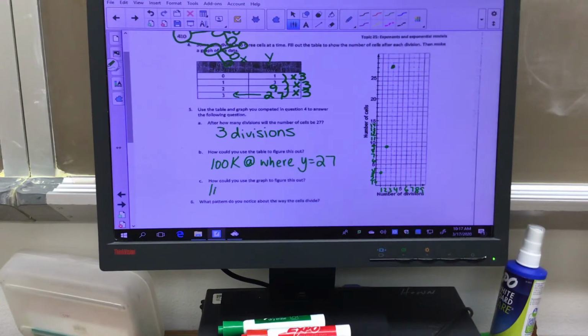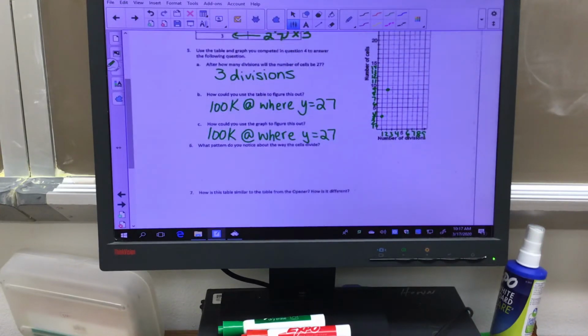Same exact thing. If I go where y is 27, I'm going to find my point. What pattern do we notice on the way the cells divide? Well, this time, the pattern is it divides by 3. We call that tripling.